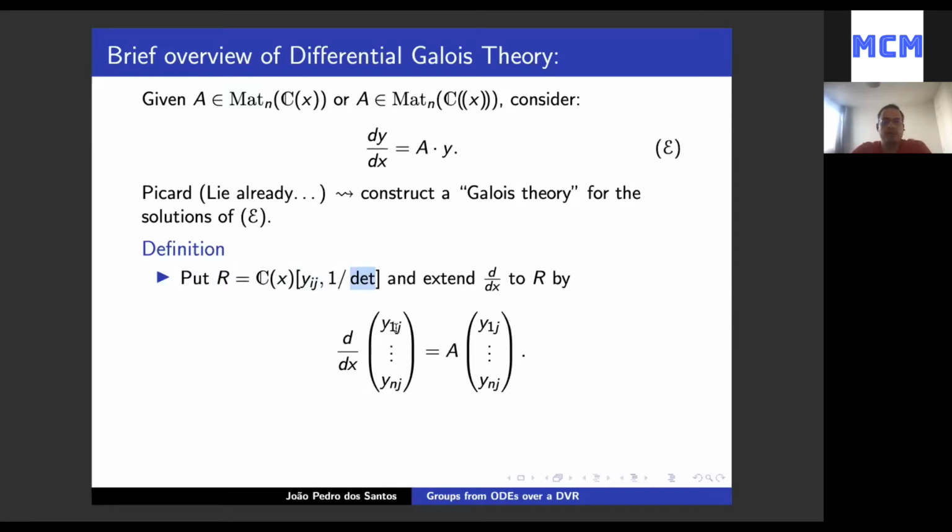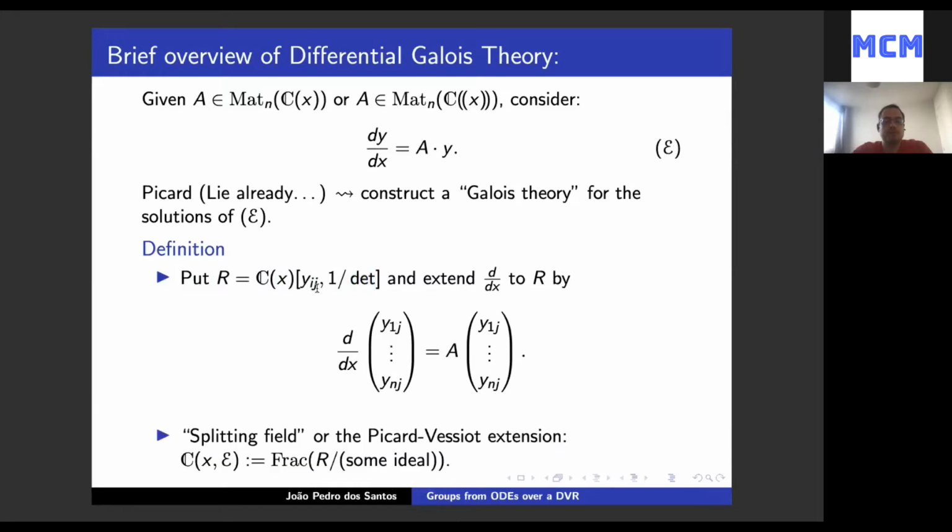Okay, but there's a small technical problem, and it is that this ring might not be a field. What happens is that you might have some ideal inside of this ring which is invariant under d/dx, and this causes trouble. But the solution is somewhat simple.